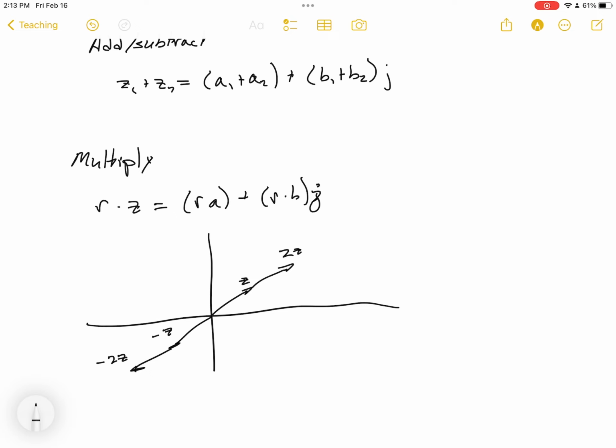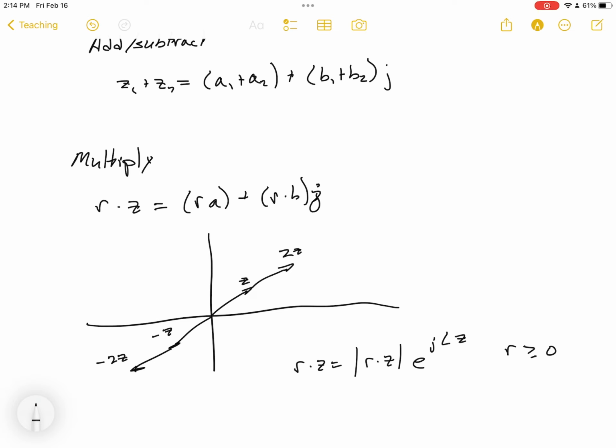And so if we write this out in magnitude phase form, r times z is equal to the magnitude of r times z times e, and it's going to be the same angle, j times the phase of z. And that's if r is greater than or equal to 0.